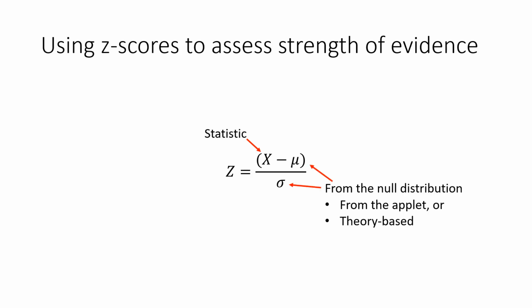For mu and sigma, we plug in the mean and standard deviation of the null distribution. We can get these either from the applet, as we'll see on the next slide, or using a theory-based approximation, which we'll talk more about in the video on the binomial distribution.